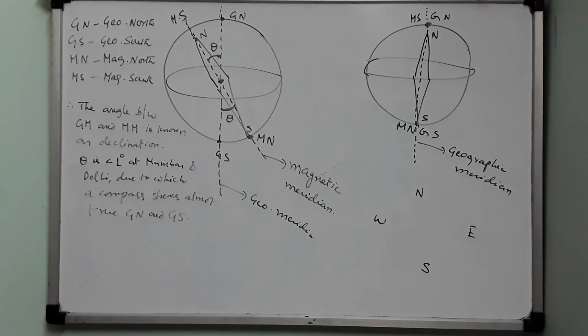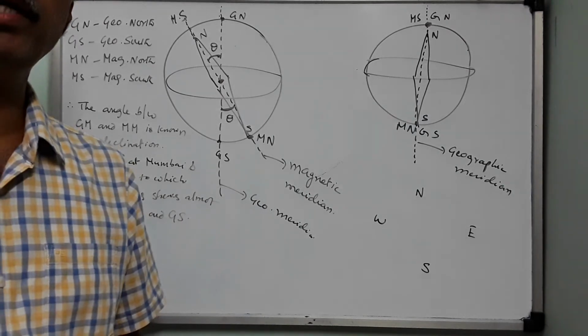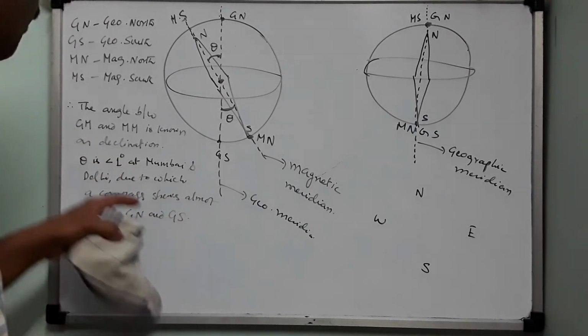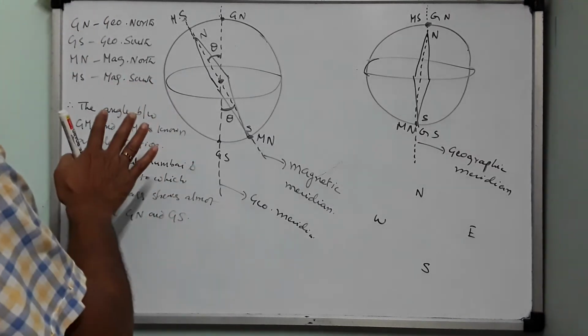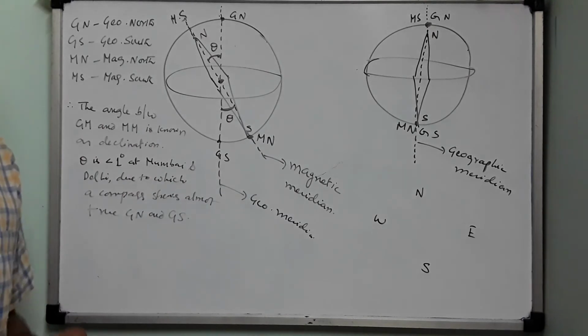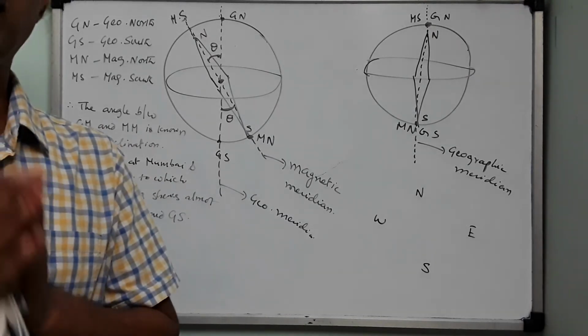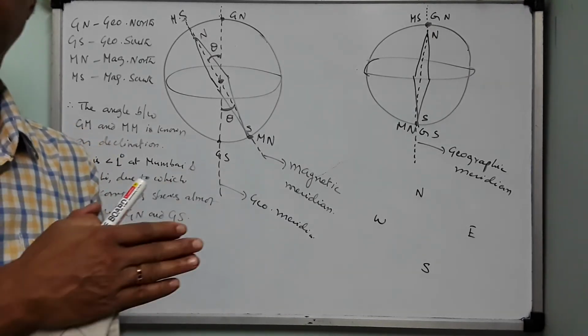You can write a simple answer: because the declination value is very small, the compass shows true north and true south. So this is about the declination, children. How do you define declination? It is the angle between the magnetic meridian and the geographic meridian.